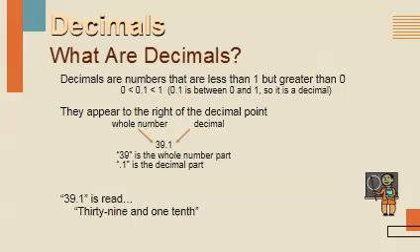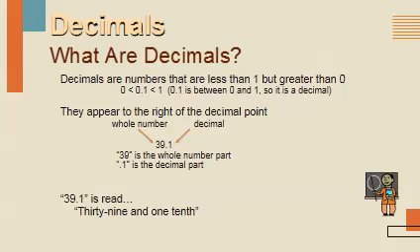Let us take an example like 39.1. 39.1 is a decimal number which is greater than 39 but still less than 40. So 39.1 indicates that I actually have 39 and 0.1. Okay, so it's a number which is greater than 39. How can I read this number?